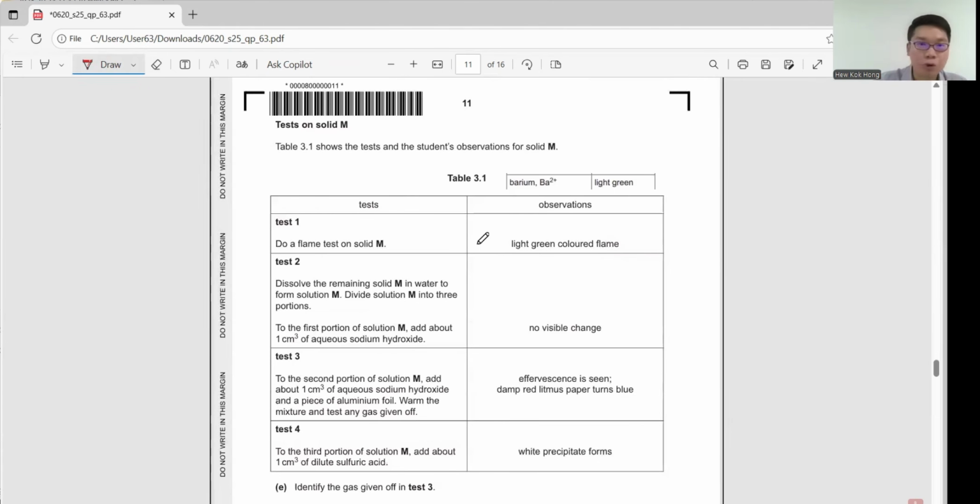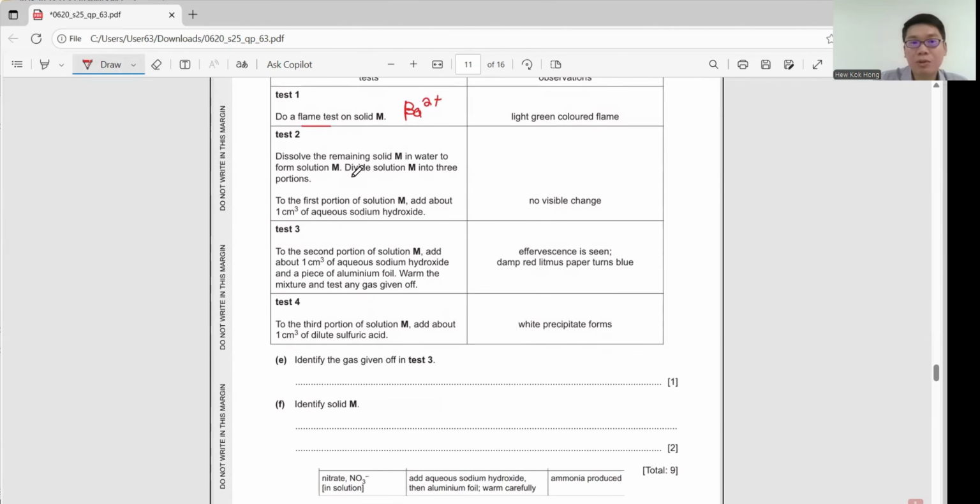Then we test solid M. For solid M, they first do a flame test. The flame is light green colored, so from the table we can confirm it's barium. Test 2, dissolve the remaining solid in water and divide into 3 portions. First portion, they add NaOH, no visible change. There are too many options, so we ignore this part first.